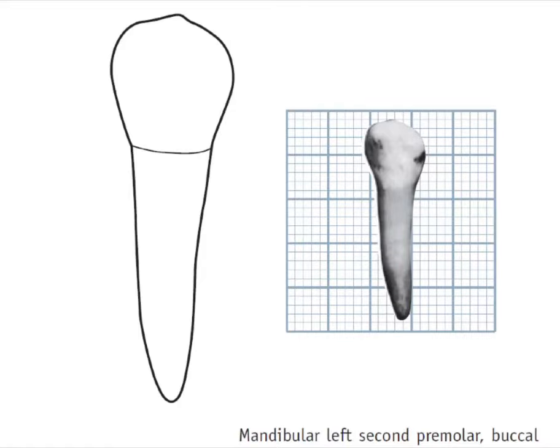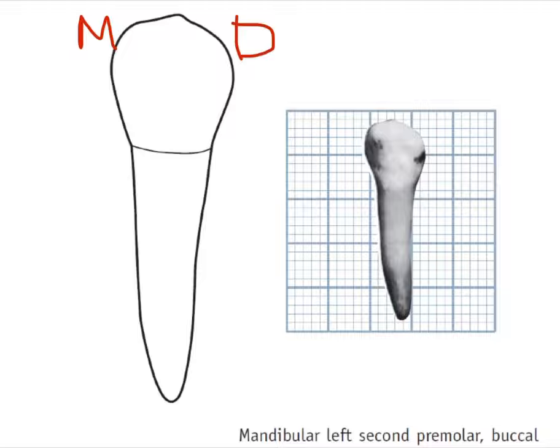So this is the buccal aspect of the mandibular left second premolar. We will draw the mandibular tooth this time, so the crown will be upward and the root will be downward. This is the left side, so in left-sided teeth, here is the mesial and here is the distal side.